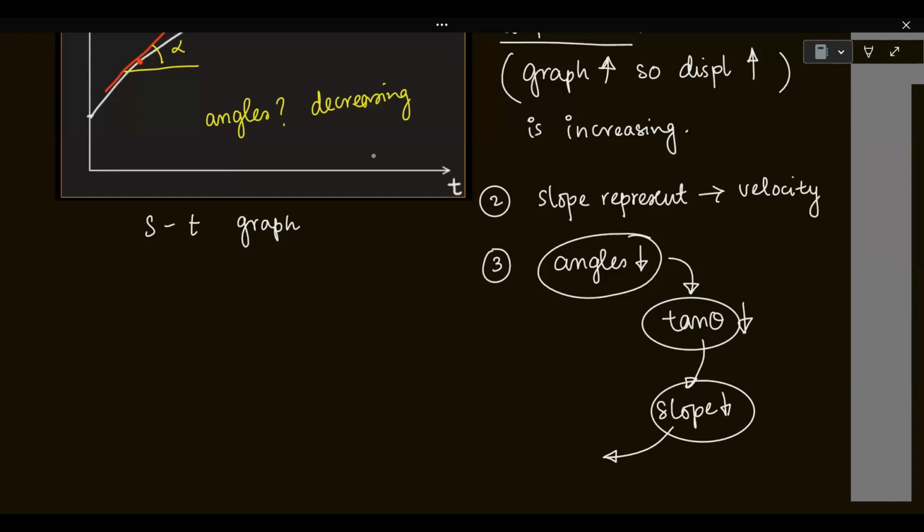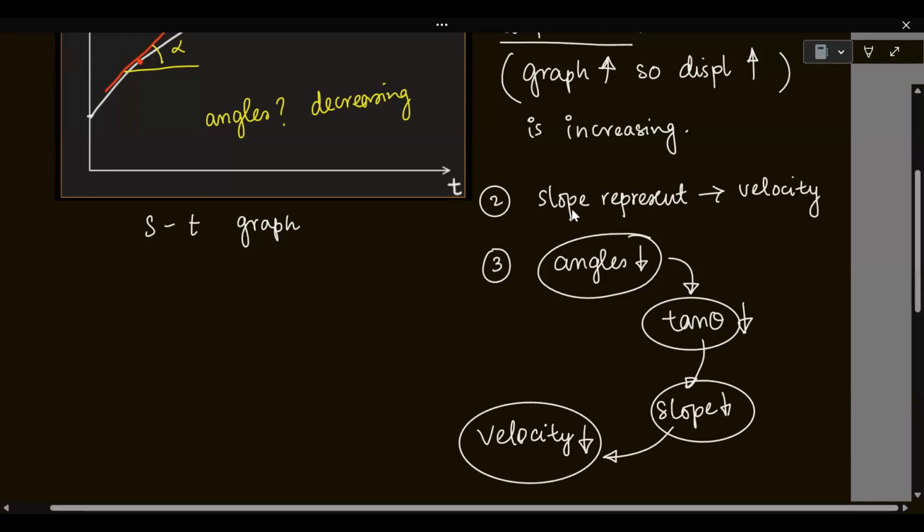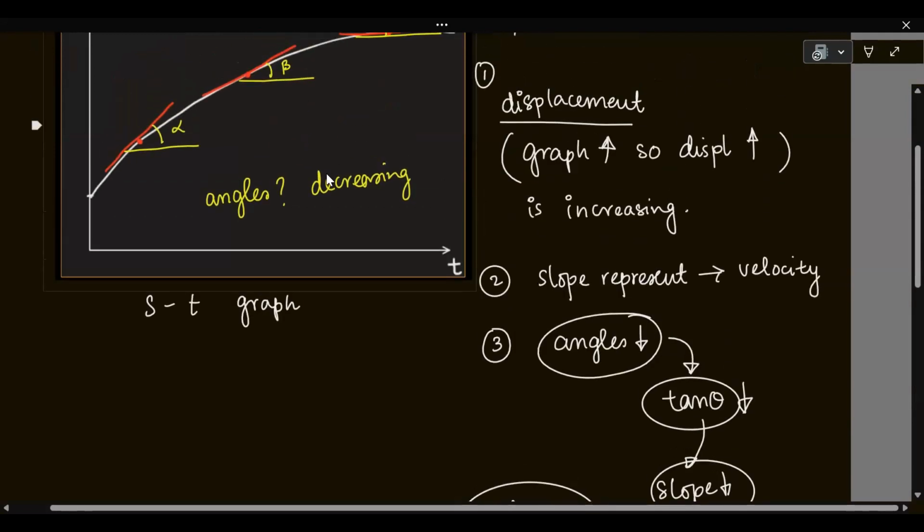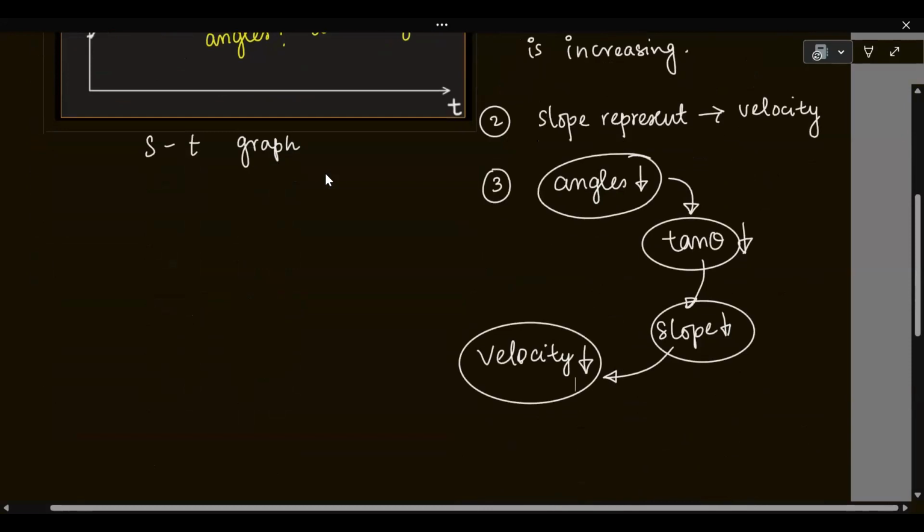If slope is decreasing, then velocity is decreasing, because in the previous step I understood that slope represents velocity. Does this make sense, guys?